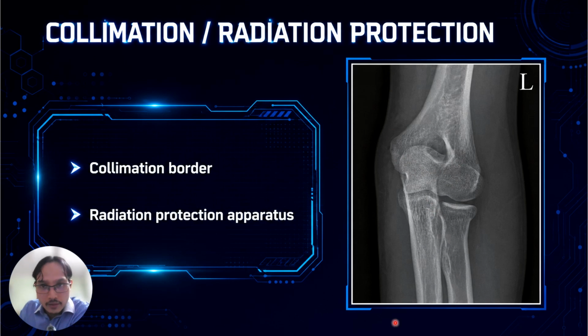Both lateral borders should include surrounding soft tissues of the elbow. The inferior border should include 1/4 of the proximal radius ulna. There is no evidence of radiation apparatus seen on the radiograph.